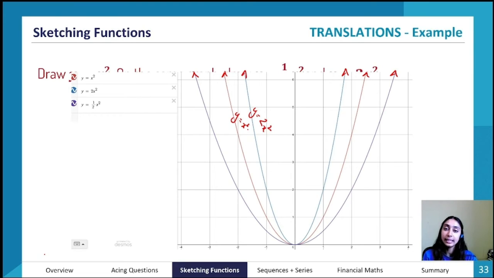And the one that is looking a bit stouter and wider will be our y is equal to a half x squared because it's been squished. Awesome. In terms of what we're missing, we also need to add our axes. Perfect.